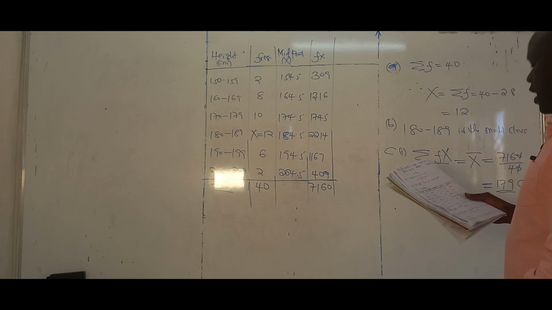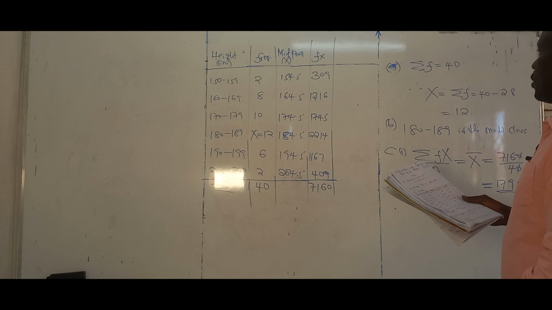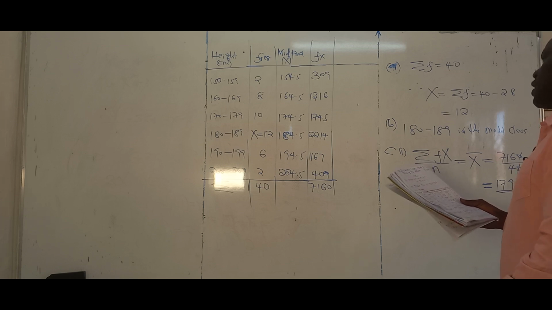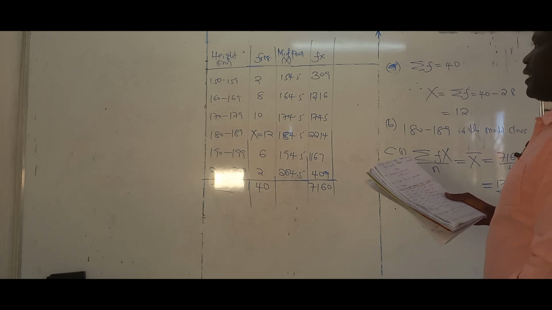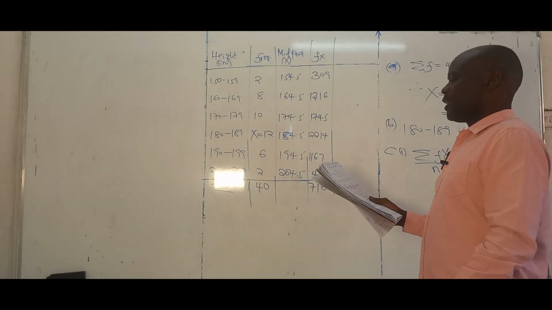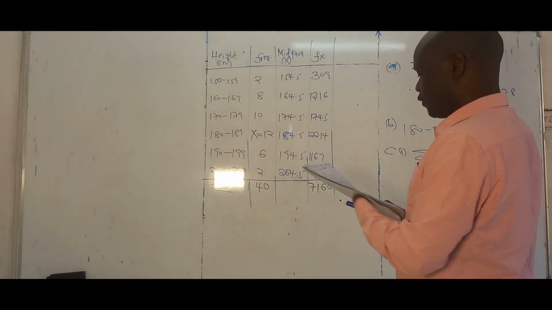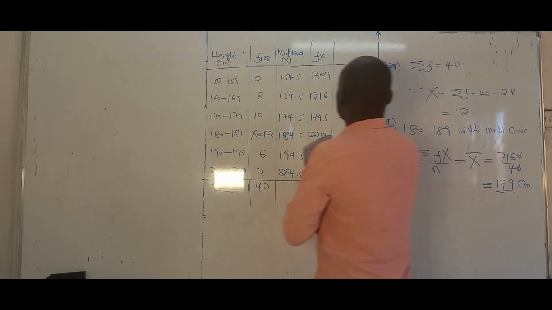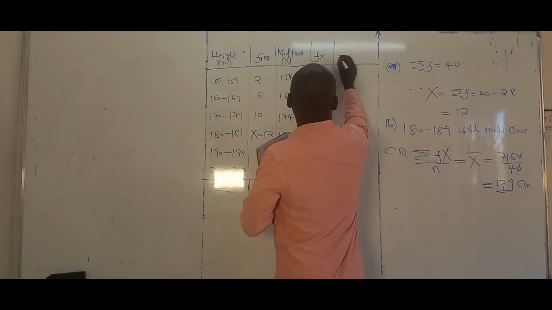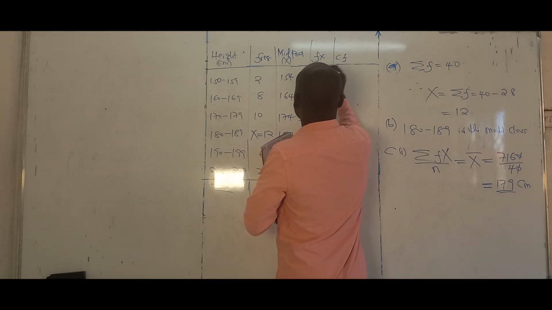We'll need to add a column for cumulative frequency so that we are able to identify exactly where our median height will be found. I call it CF.